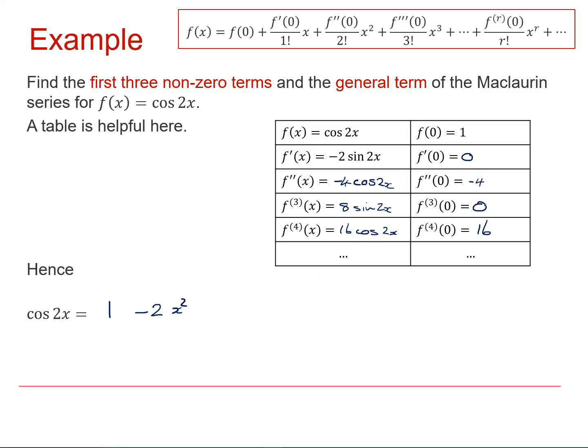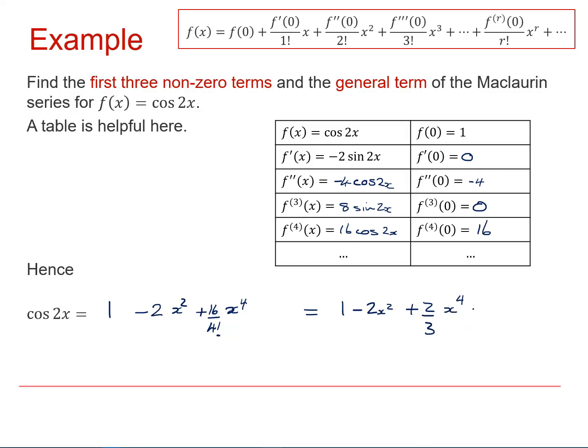And then again, there's no term in x cubed, and so the next term is going to be in x to the 4, and that's going to be plus 16 over 4 factorial. Well, 16 over 4 factorial actually boils down to 2/3, so I could rewrite this as 1 minus 2x squared plus 2/3 of x to the 4.